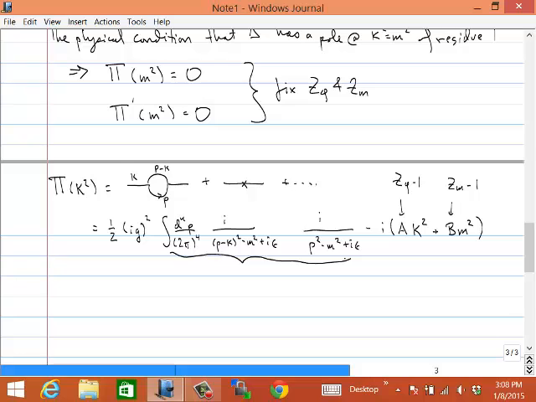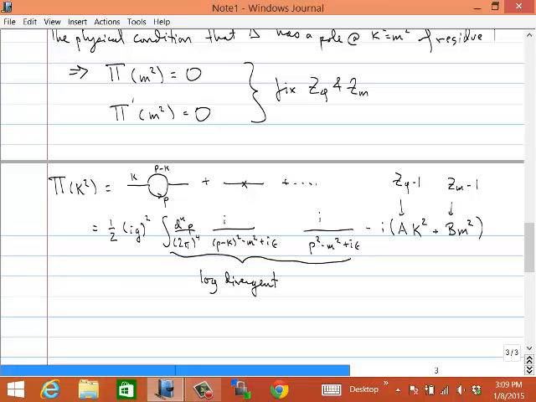So the first thing that we need to note when we look at this integral is that this integral is logarithmically divergent. The reason, of course, being that at very high momentum p much larger than k squared, the denominator goes like 1 over p to the 4th, and we have an integral of d4p in the numerator, so it's like the integral dx over x, which grows logarithmically at large x.